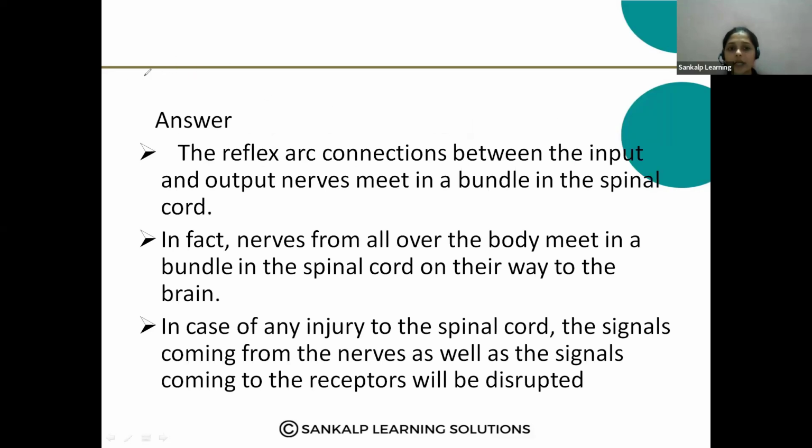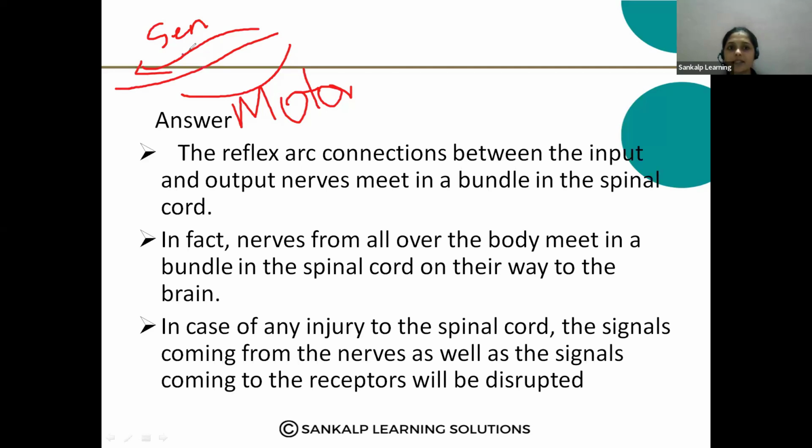There are two types of neurons, sensory neurons and motor neurons, right? The sensory neurons carry the message, the input, to the spinal cord, and the response is carried by the motor neurons.